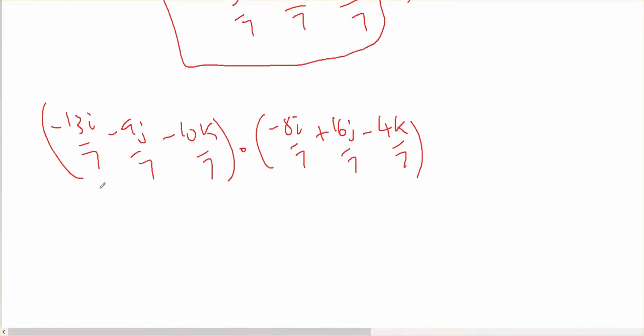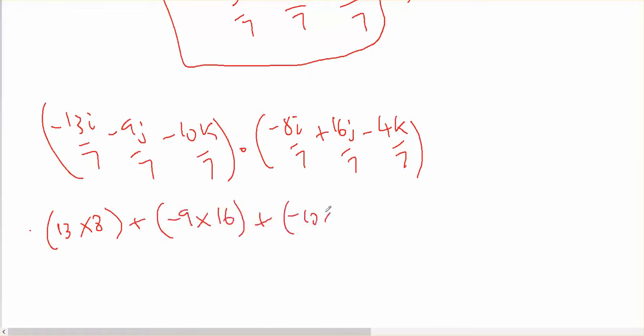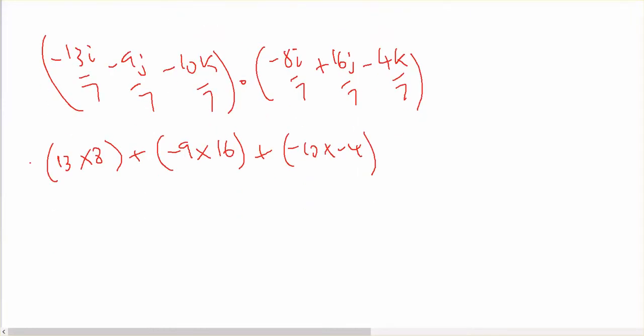They're all on 7 times 7, so I've got minus 13 times 8 plus minus 9 times 16 plus minus 10 times negative 4, which does give me that, which is 0 on 49, which equals 0.